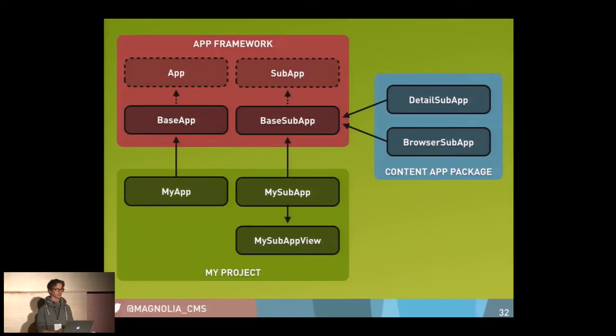So what are apps from Magnolia's point of view? They are a simple UI component. They can, for example, be the visual representation of the module you want to contribute or to develop for your project in Magnolia. But still, you can have multiple apps inside your module, so there's not a one-to-one relationship between apps and modules.